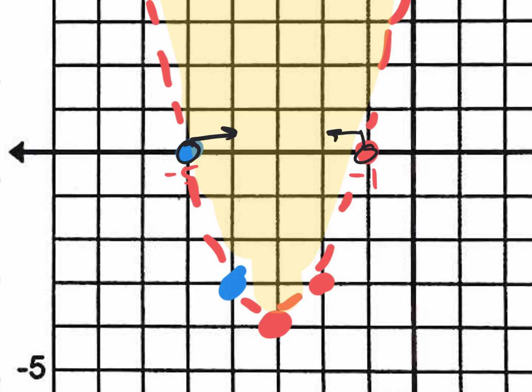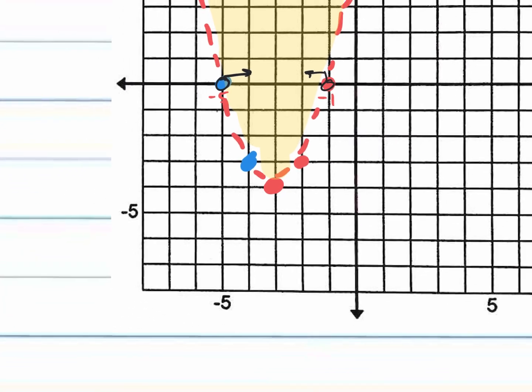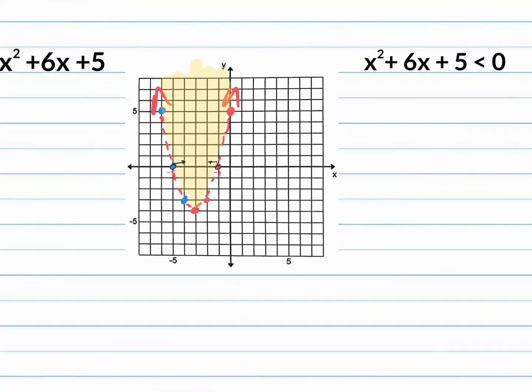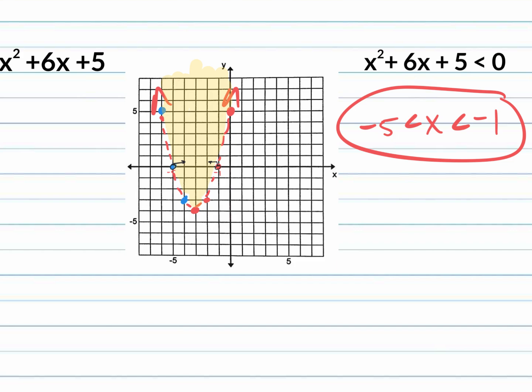So this is technically going to be a compound inequality written together because the areas are together. So my answer is -5 < x < -1, x is in the middle with less than symbols. This is my answer to this above inequality.